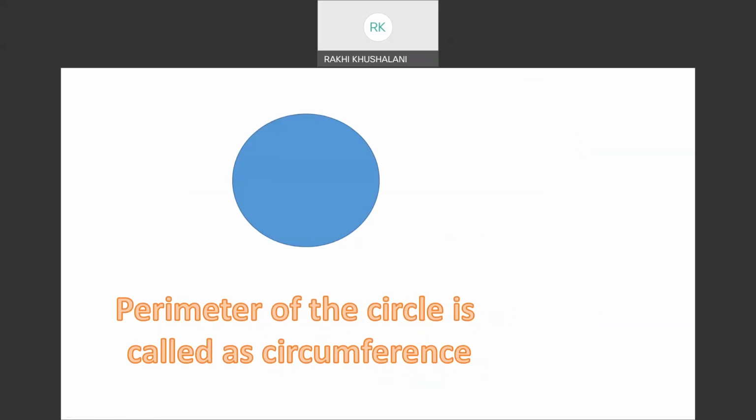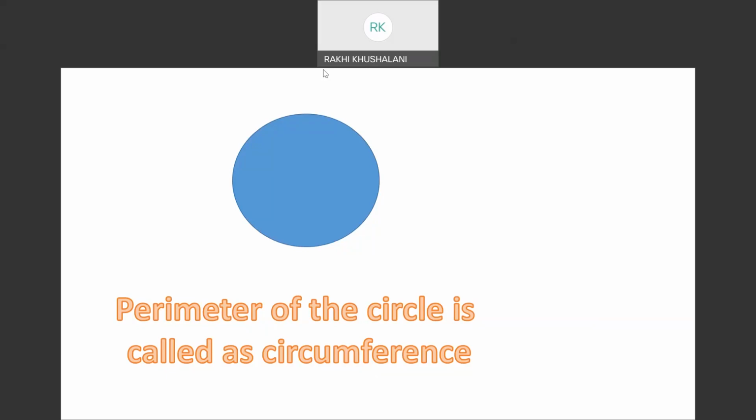Now suppose, if you remember when we did the geometry chapter and we were talking about circle, we did a beautiful activity wherein we took a thread and we took a bangle and we moved the thread around the bangle, and then we measured the length of that thread. And then I told you that that is the circumference of the circle.